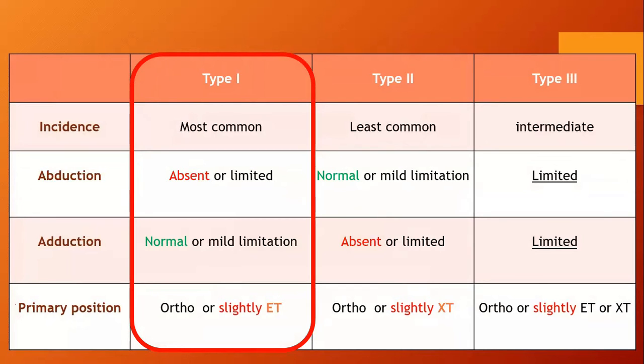So we have type 1, and as you can see, I encircled type 1 with a border, because this is the most common, and most commonly you will get type 1 in the exam. Type 2 is relatively rare. Type 3 is the second most common. So as you can see here, the incidence is highest in type 1, followed by type 3 and then type 2.